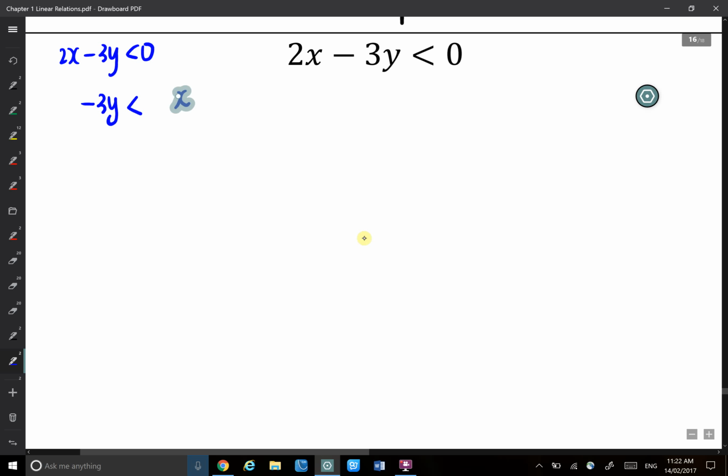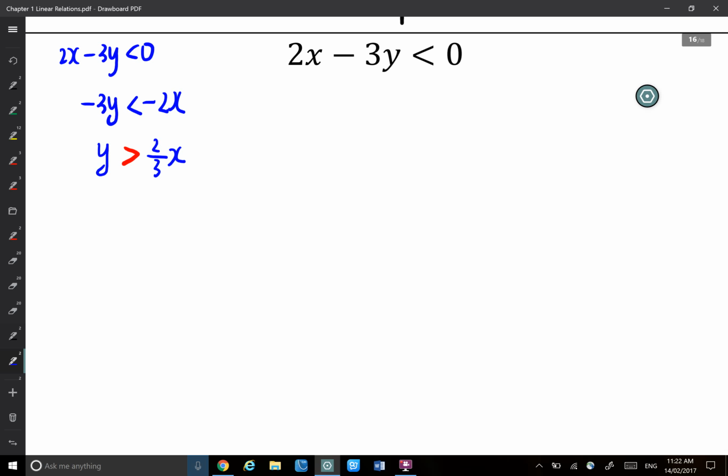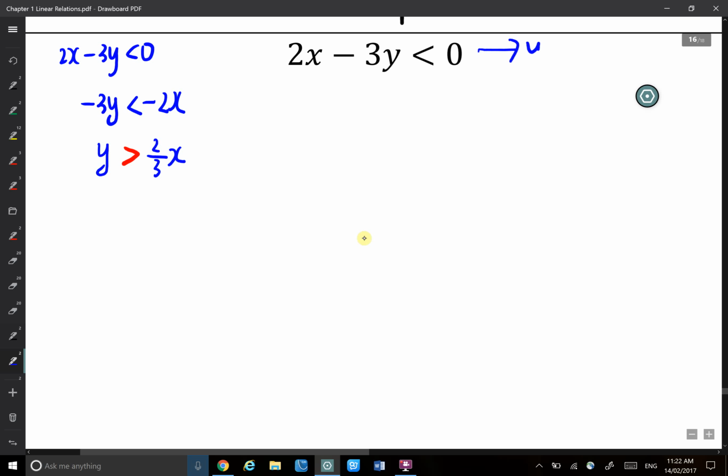I subtract 2x on both sides and divide by negative 3 on both sides, but the sign needs to be swapped because I divide by a negative number. So we make this equation y greater than 2 over 3x.